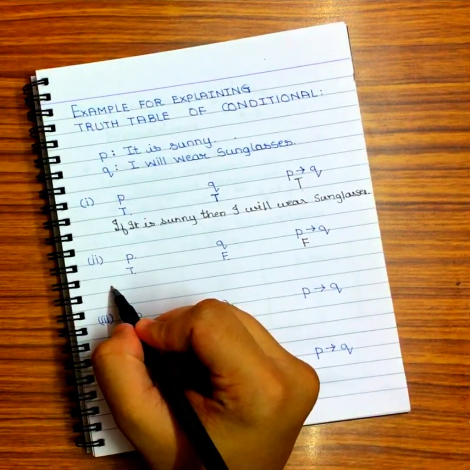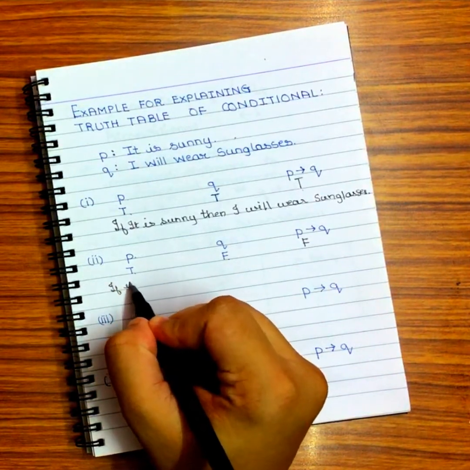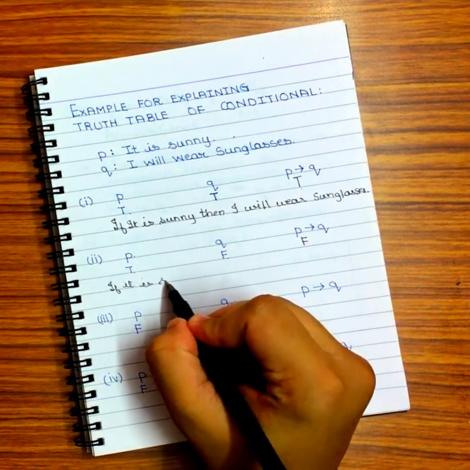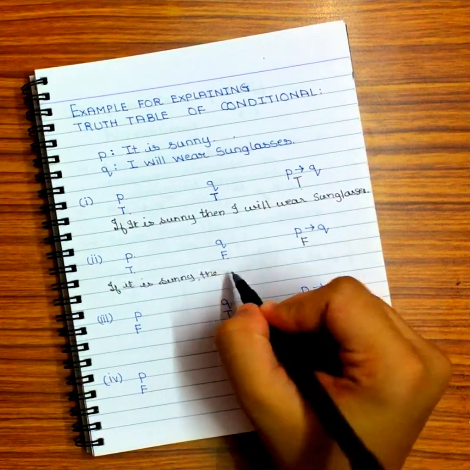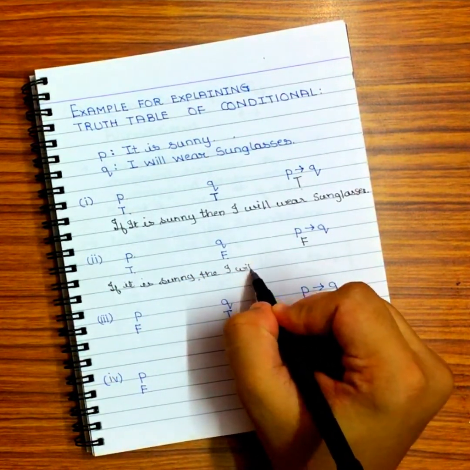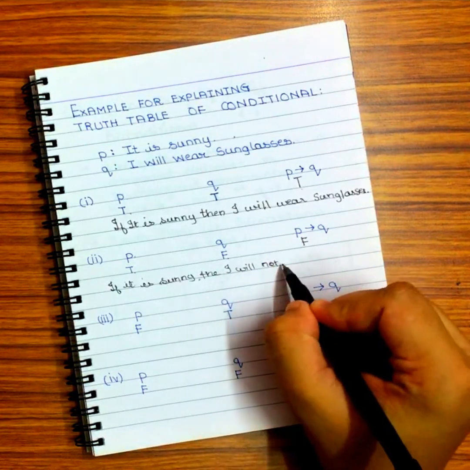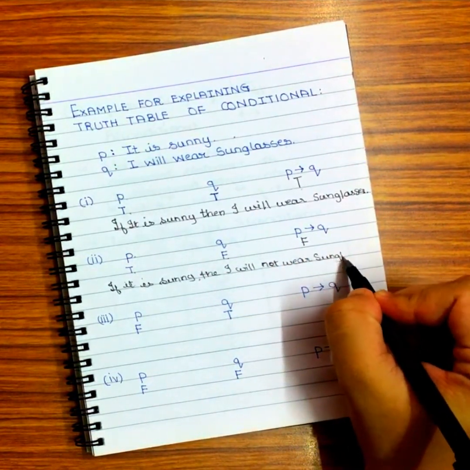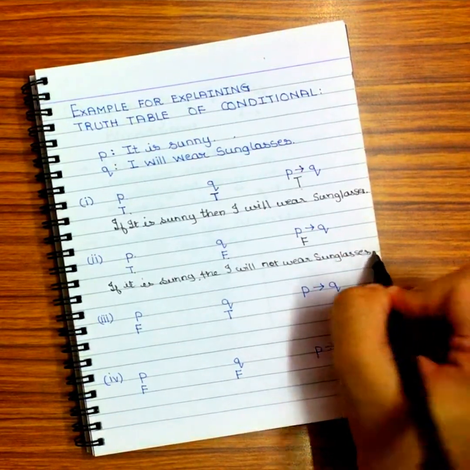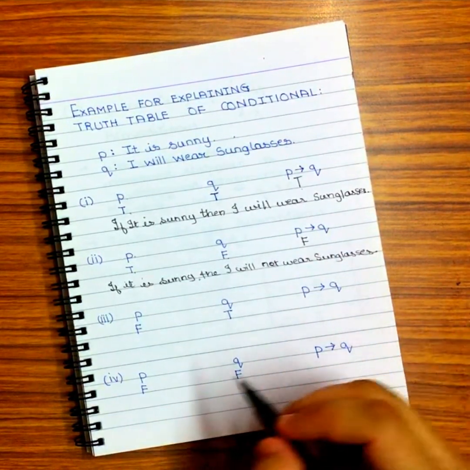So I'll write the answer: if it is sunny, I am still not wearing the sunglasses, then I will not wear sunglasses. So my purpose is defeated of wearing the sunglasses, correct?